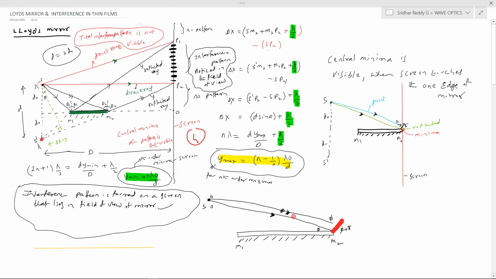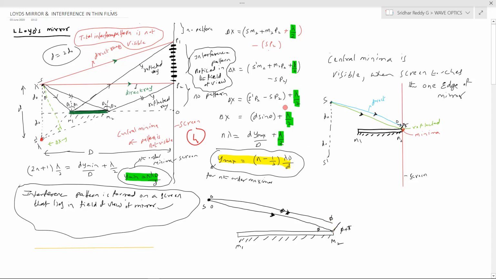What about the ray which is just above point M2? It will have a phase angle of phi. So is there any phase difference between these two waves? Yes, there's a pi radian. Then if they undergo superposition, we know that if the phase difference between two waves is pi radian, they will undergo destructive interference. So what do we notice just above point M2?